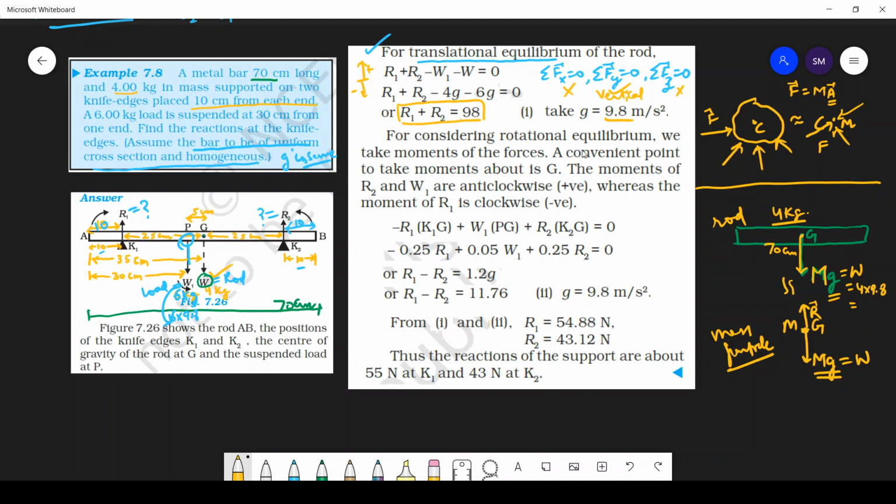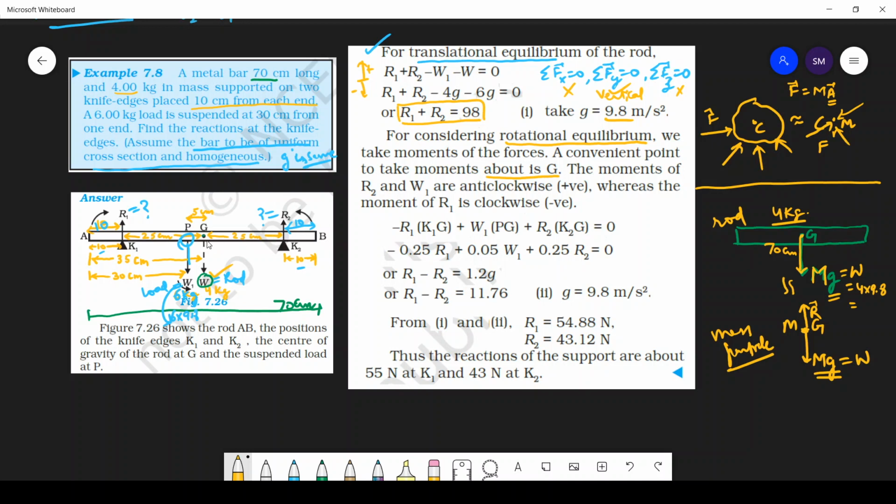Now consider the rotational motion, rotational equilibrium. So take the moments of the forces about what point? About G, about this point G. We are going to take the moment of the forces, means this is the origin we are considering, and the point where the forces are applied.